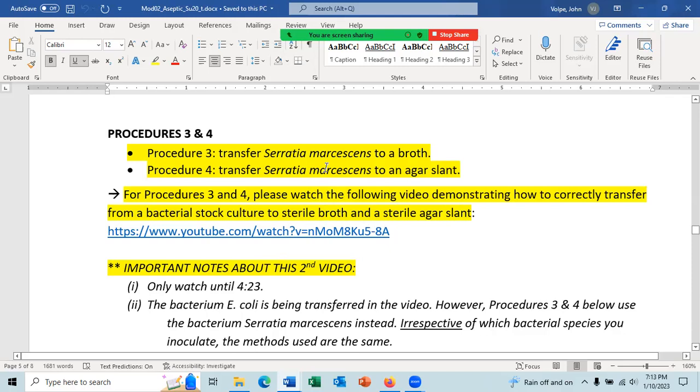So you can use that information in what grows up because of the color. And when they're using the video, the bacteria they're using in the video is off-white or white, so you can't have the color. For the video, you only need to watch to 4 minutes and 23 seconds.